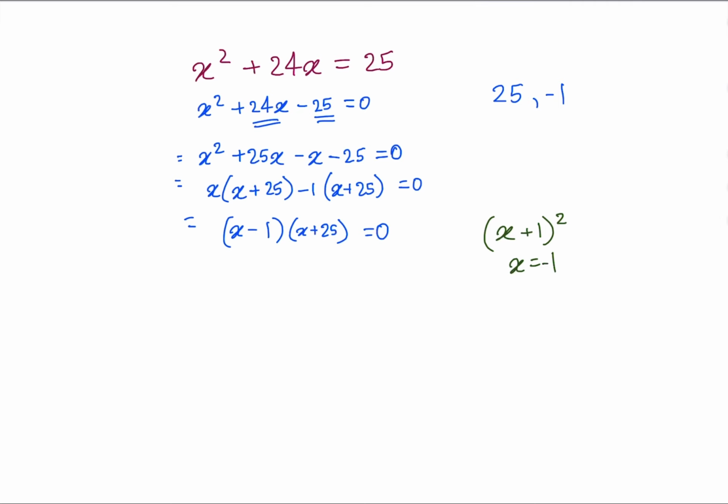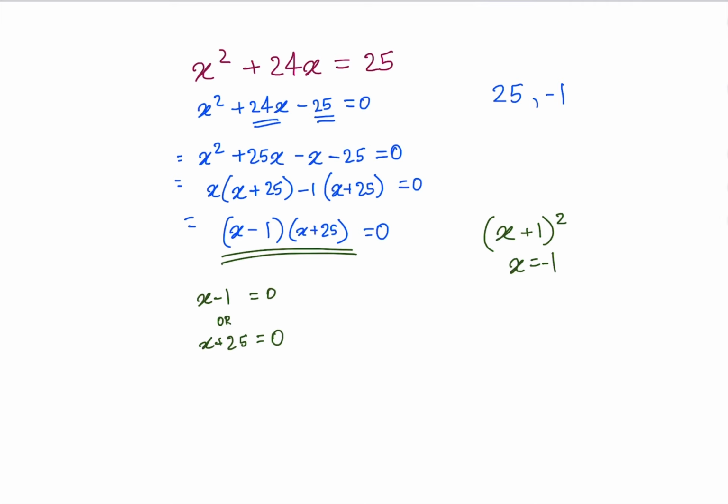But in this equation, we got two different expressions. So what do we do in this case? Well, we know that at least one of the expressions must be equal to 0. So x minus 1 must be equal to 0, or x plus 25 must be equal to 0.